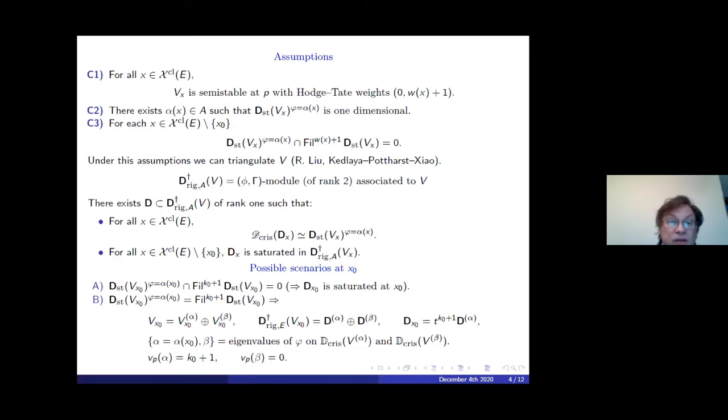So in the remainder of this talk, we will consider especially the case B, which is in some sense an abstract setting for the study of theta-critical p-adic L-functions.